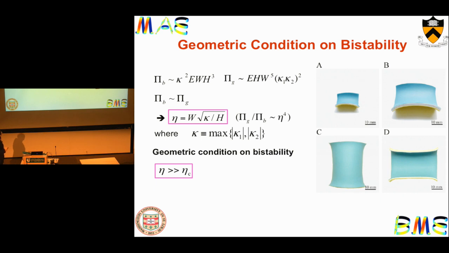We have a theory which I'm not presenting in full here, but from our theory we can calculate the bending energy and the stretching energy associated with this large deformation, and then we can compare them and find that this eta is a control parameter that would dictate the loss or gain of bistability. It's related to the width, the thickness, and the curvature.